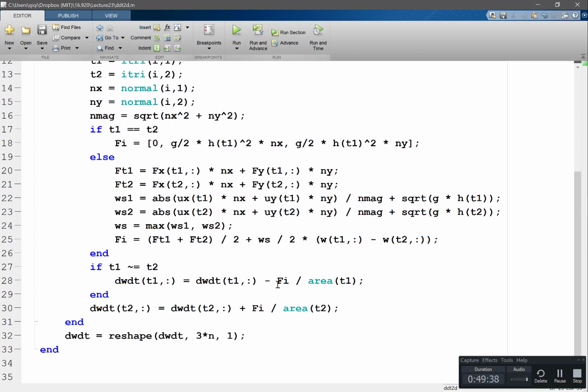Right, so the contribution from T1 is subtracted from T1, so that seems to be right. And the contribution from T2 is a minus sign in Fi, which then gets added to T2. So this seems to be correct.